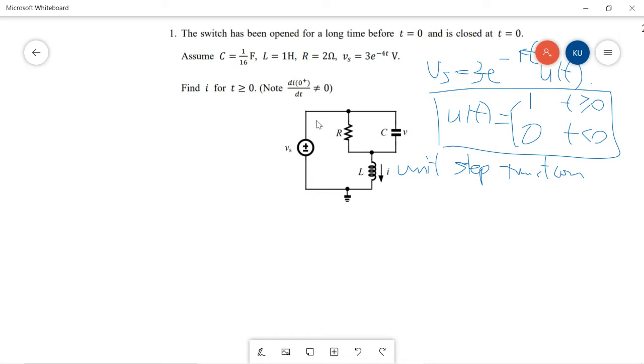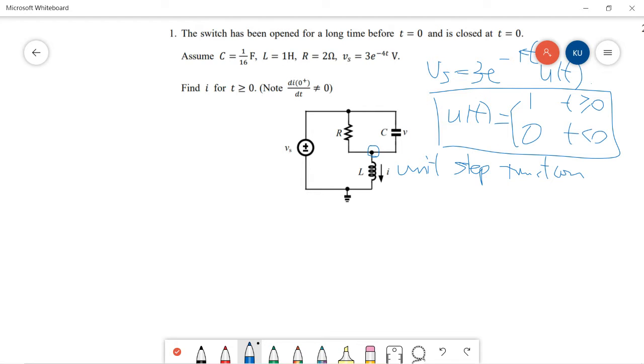And actually in the first step we should write an ODE describing this circuit. Actually we can use the KCL to write an equation at this node.